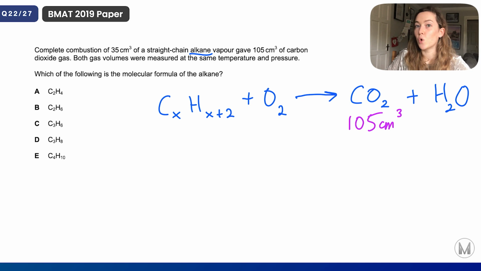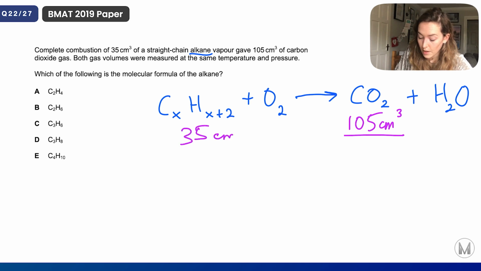Due to Avogadro's law, we know that 1 mole of our gas is going to occupy the same volume. So we can see that the carbon dioxide is being produced in a 3-to-1 ratio because there are 3 35s in 105. So I can therefore see only one compound has got carbon in it on this side, and only one compound has got carbon in it on this side.